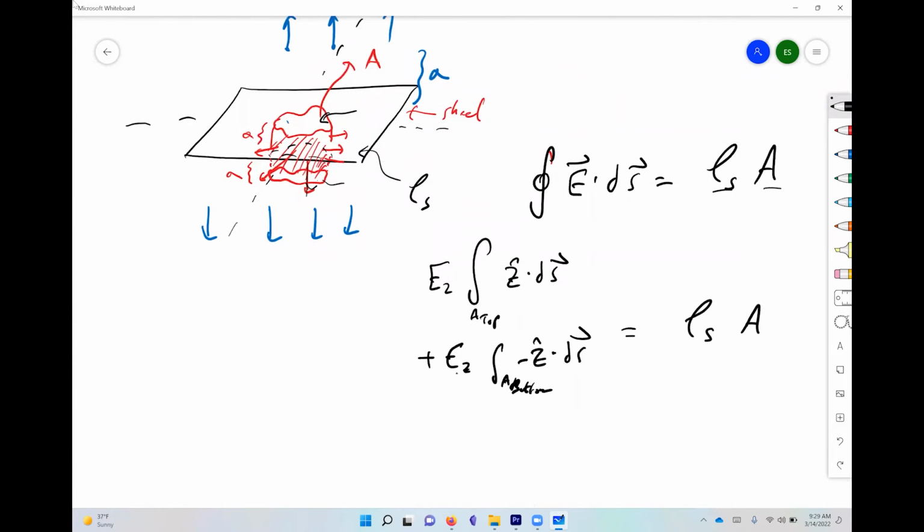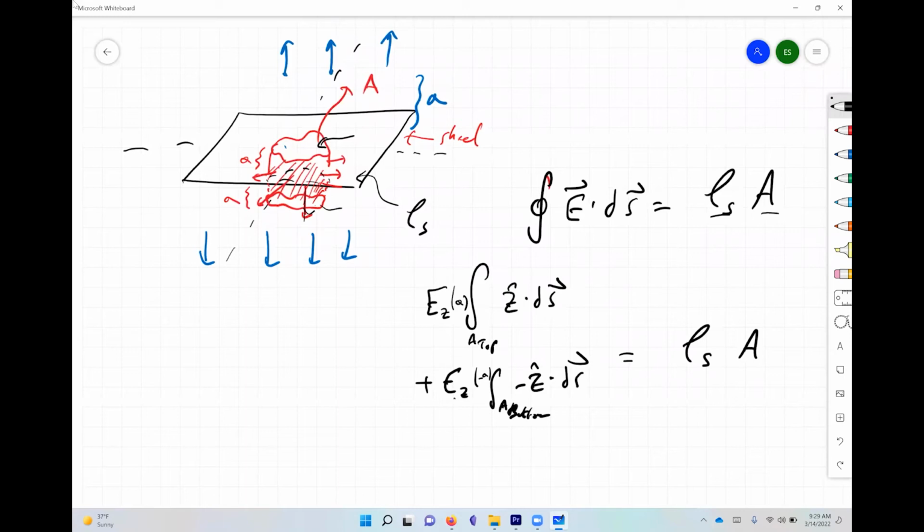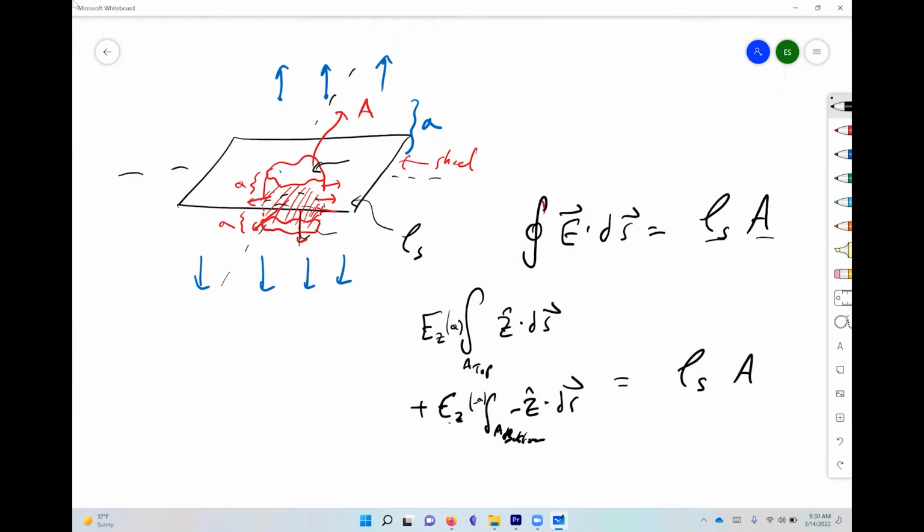And this is not the same EZ. This is EZ at A. This is EZ at minus A. Okay, so the key thing here, from the symmetry of the problem, I don't want this to end up being zero at all.